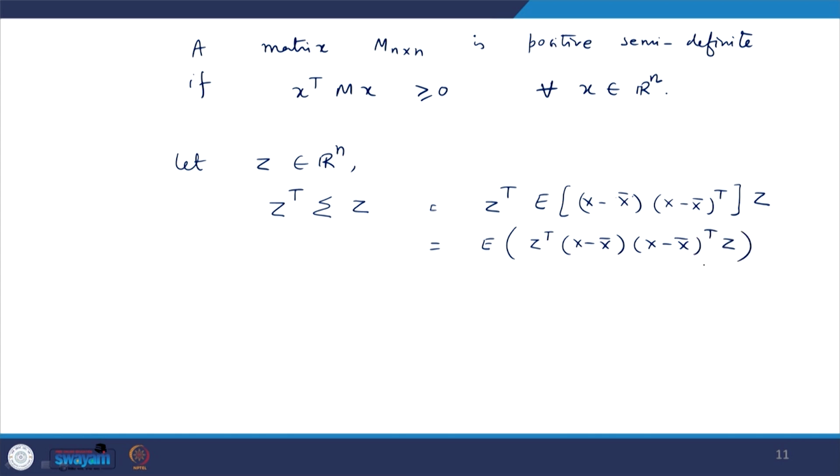We can write this as the expectation of z transpose (x minus x bar) into z transpose (x minus x bar) whole transpose. A vector multiplied by its transpose is nothing but the norm square.